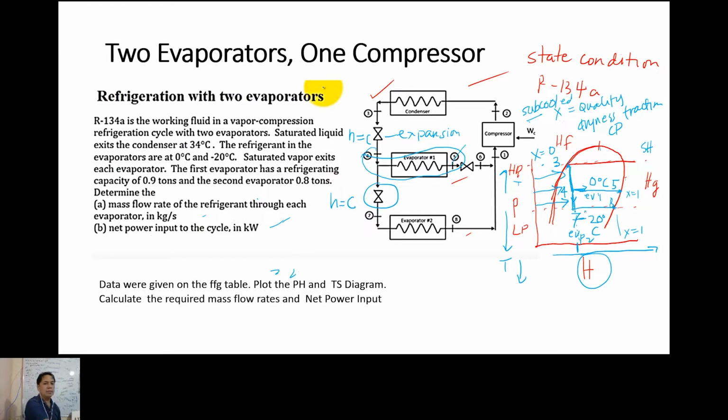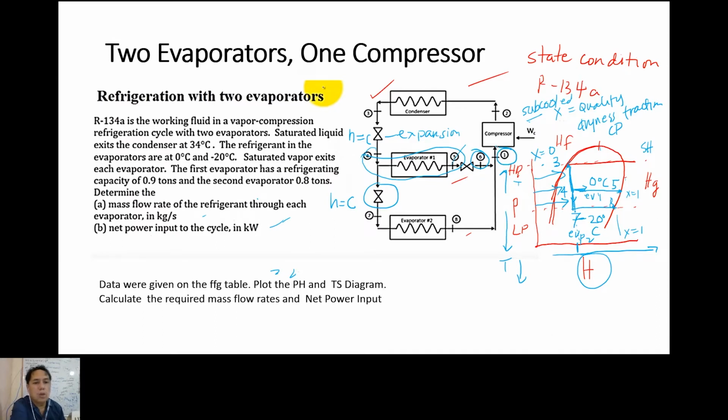Okay? Now, on the right side of the pH diagram, that is our problem, and it's a little bit tricky. So if this is 8, what is remaining? What are the other numbers that we don't have yet? 6 and 1.